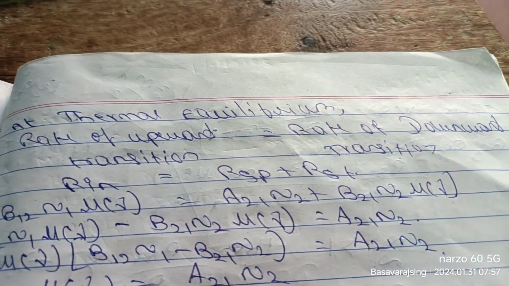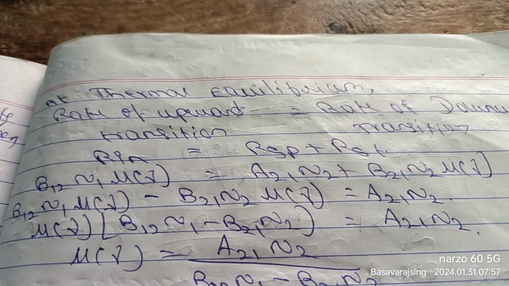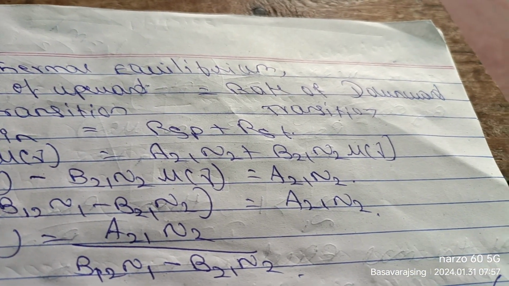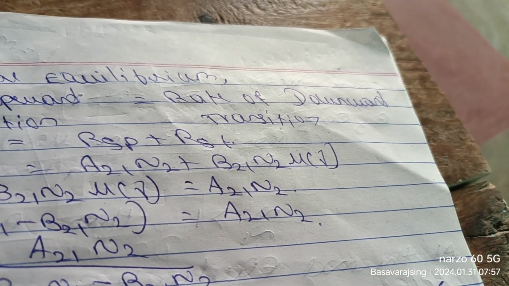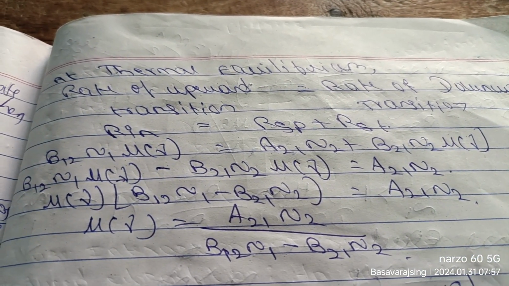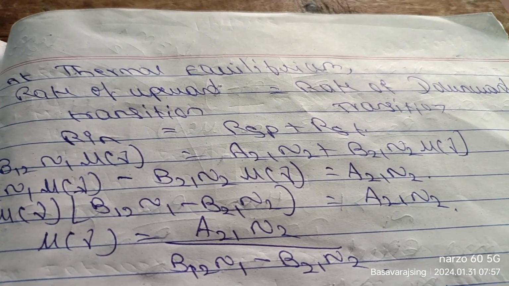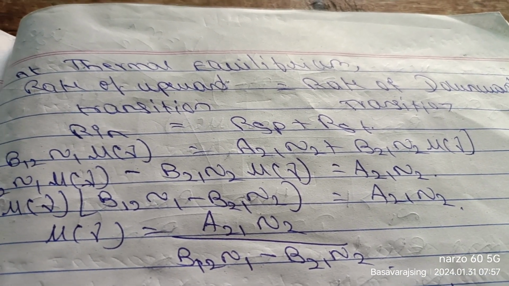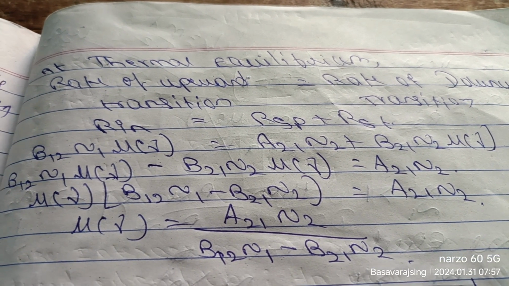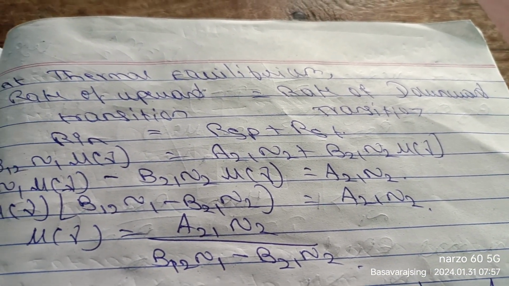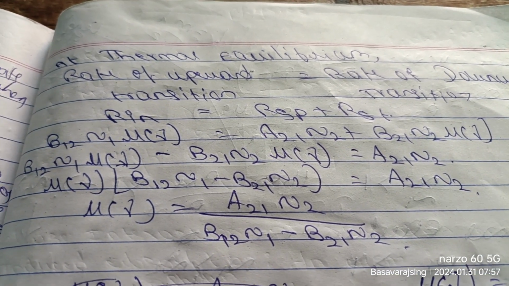So R_in is equal to R_sp plus R_st, where R_in means B12 N1 mu of nu, equal to A21 N2 plus B21 N2 mu of nu. B12 N1 mu of nu minus B21 N2 mu of nu equal to A21 N2. We take B21 N2 mu of nu to the LHS with a minus sign.